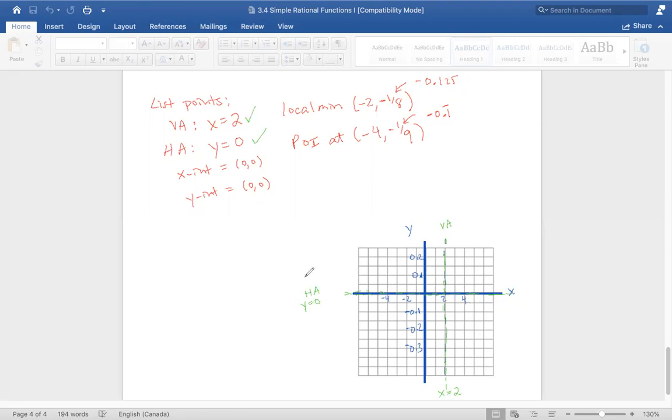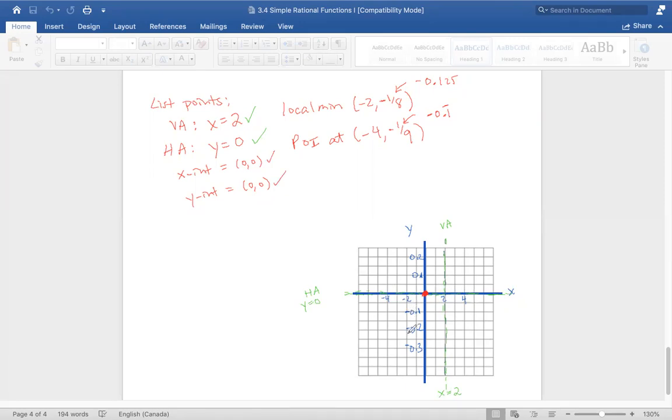Okay, so then for my points, I could do this any color. If we do it red, hopefully that's easy to see. X and Y intercept, basically I just have a whole bunch of stuff going on there at 0, 0, right? So that's taking care of that one and that one. Then I have a local minimum at -2 for x. So over on this side, -2, and then be careful, just past -0.1. So this is -0.1.